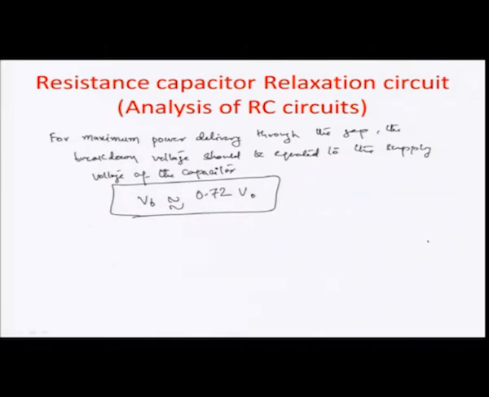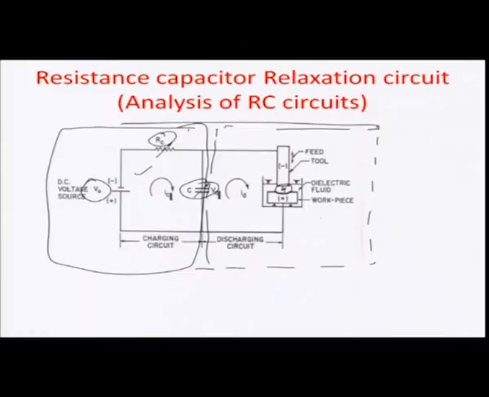So, the current in the discharging circuit can also be evaluated by using Ohm's law. If you just go back one slide and see what the discharging circuit is like, you have this dotted part of the circuit as a discharging circuit.